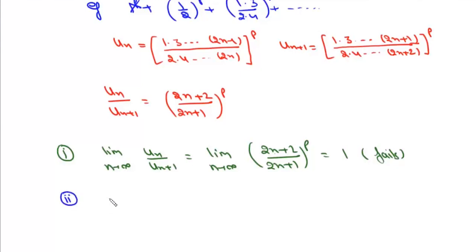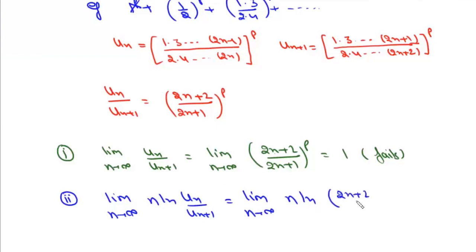And in logarithmic test, we'll find this limit n tends to infinite n log un upon un plus 1. So it will be this limit n tends to infinite n log (2n plus 2 upon 2n plus 1) whole to the power p.